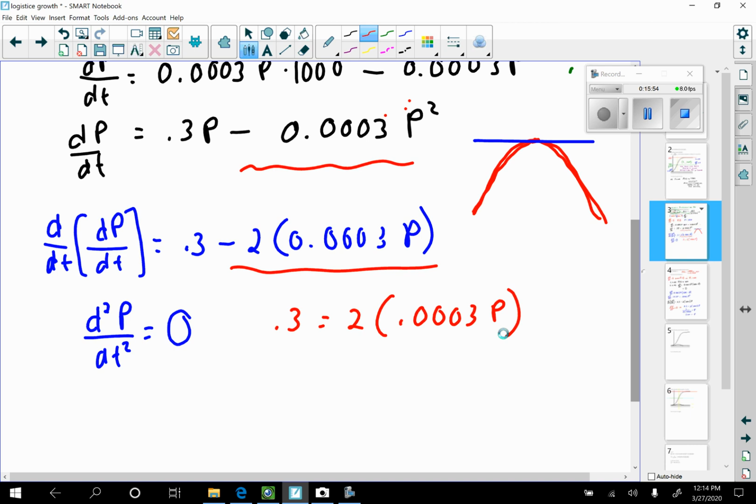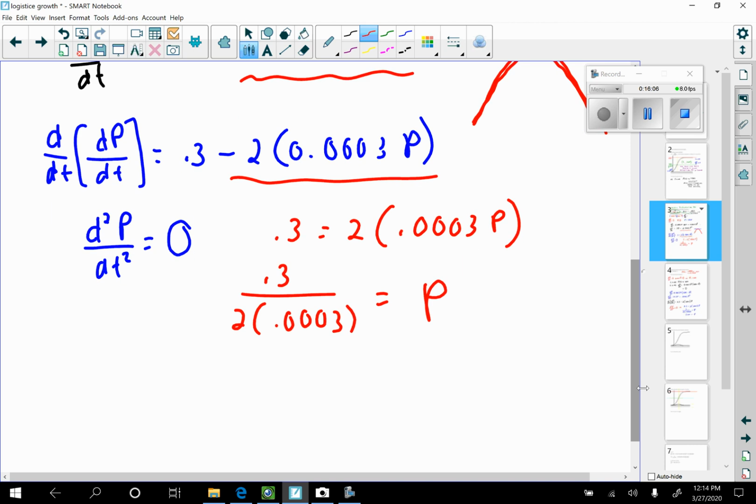If I solve that for p, I have 0.3 divided by 2 times 0.0003. And that, you can stop the video and check the math, is when the population is 500.